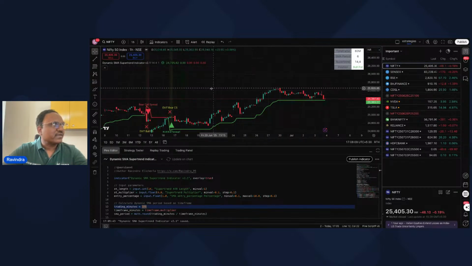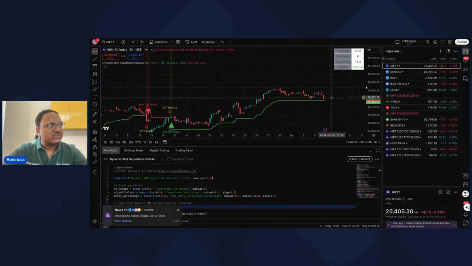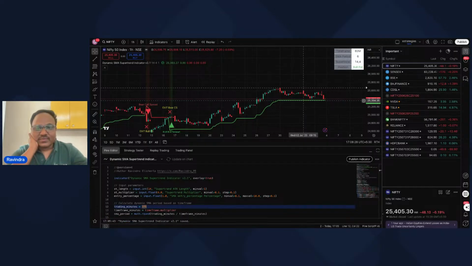For example, if you take 1 hour, the entry signal came at about 16th of June, and there is no exit signal at this point of time. And it predominantly moved from 24,500 to 24,003. So let's say somebody has done a July end spread, they would have made some good money. I think one advantage with spreads is you would get the inherent time decay advantage.